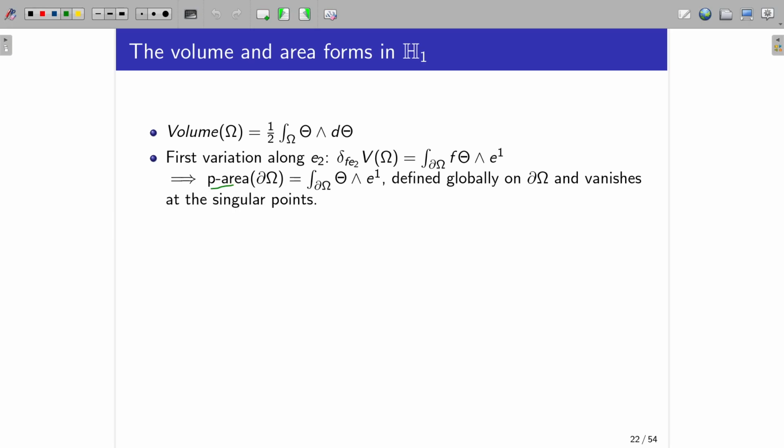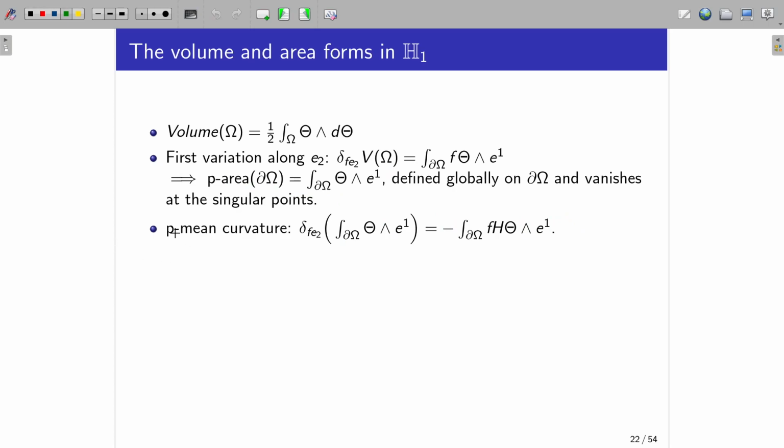So the p-area is defined to be the contact form times E1, where E1 is the dual. This E1 is a unit vector on the one-dimensional foliation, which is the intersection of the contact plane and the tangent plane. The p-area form is globally defined on the boundary of the domain and vanishes at the singular points.